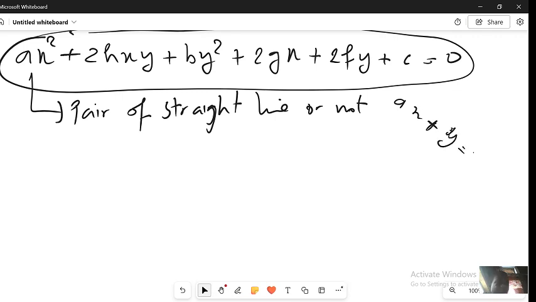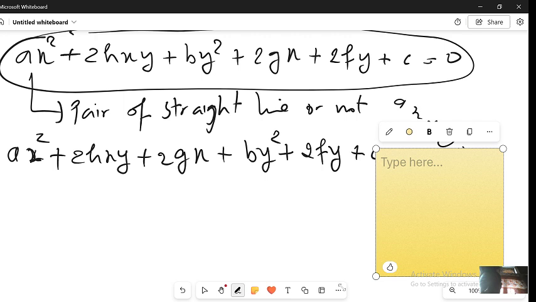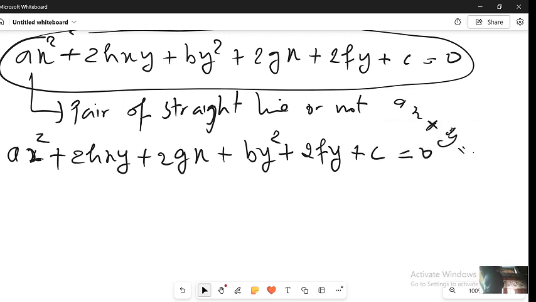Now I will have ax square plus 2hxy plus 2gx plus by square plus 2fy plus c equal 0.